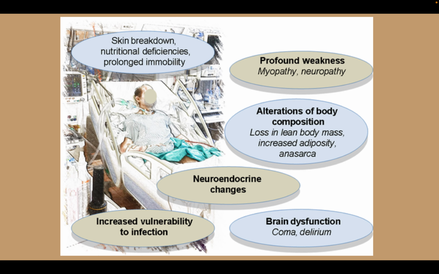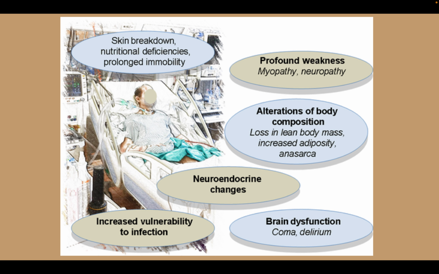And what are the various factors which have a bearing on a patient who is critically ill? You have skin breakdown, nutritional deficiency because of prolonged immobilization when the patient is sick in ICU, profound weakness which can lead to myopathy and neuropathy, alterations of body composition, loss in lean body mass, increase in adiposity and anasarca.